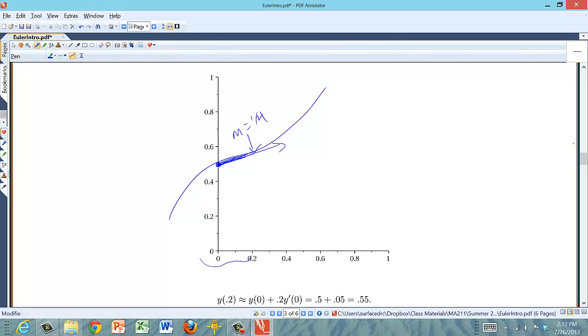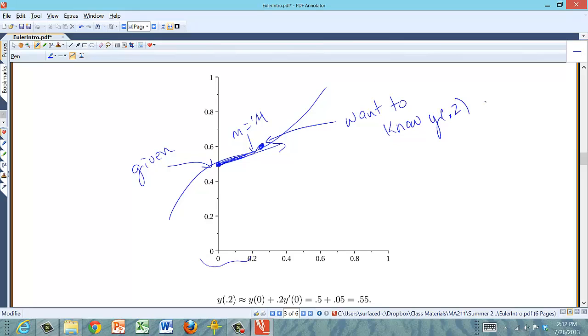So what am I going to do? I would really like to know, say, maybe the value of my solution at time point 2, or sometime after time 0. I'm given the value of my solution at time 0. That was in the initial condition. I would like to know the value of my solution at time 1/2. Not at time 1/2, y at time point 2.